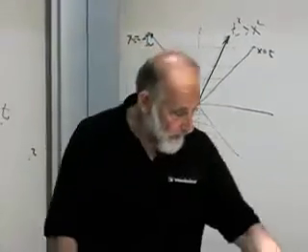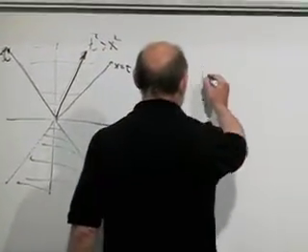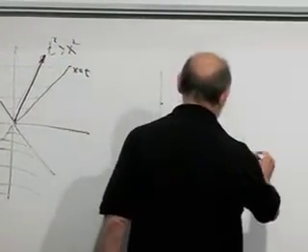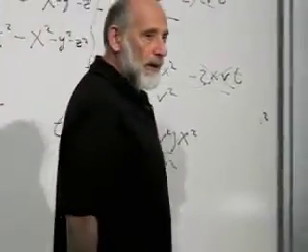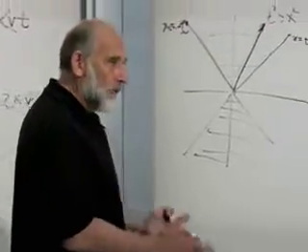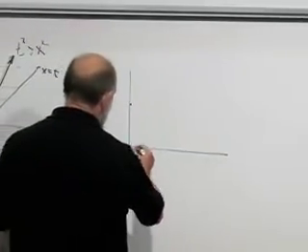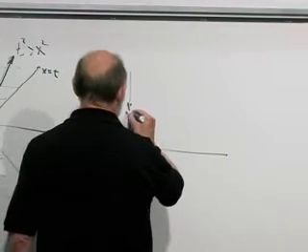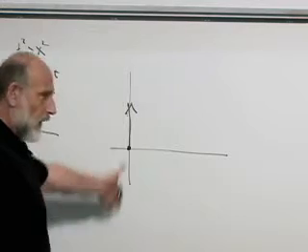Now, let me prove a simple thing. Proper time measures ordinary time as seen by a clock moving with the object. For example, supposing we have a clock which is at rest. A clock which is at rest in our frame just has a vertical world line.